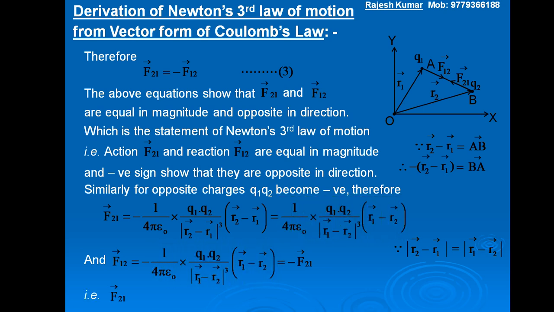That is, F21 vector, force on Q2 due to Q1, is equal to minus F12 vector, which is same as in equation number 3, and which explains that the forces are equal in magnitude, and the negative sign shows that they are opposite in direction, and this is the statement of Newton's third law of motion.